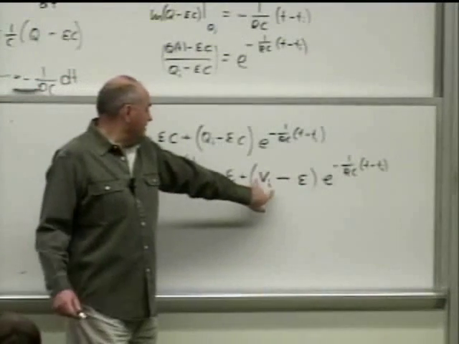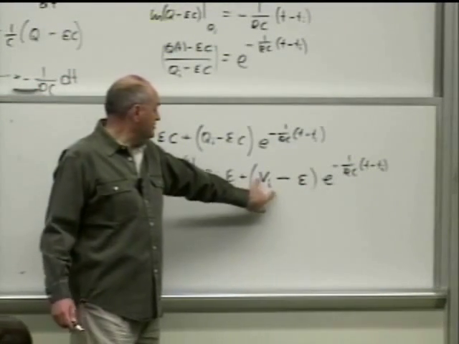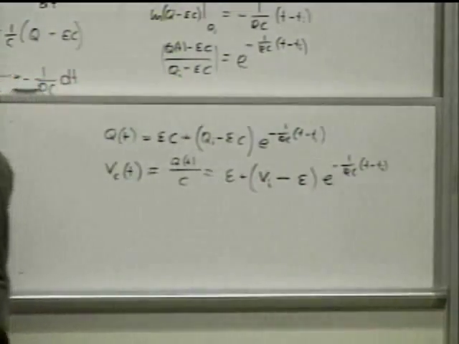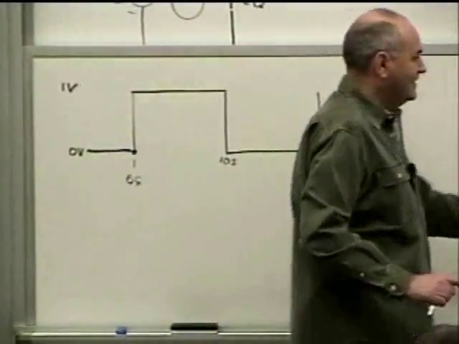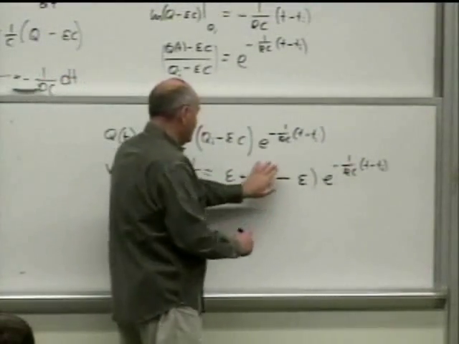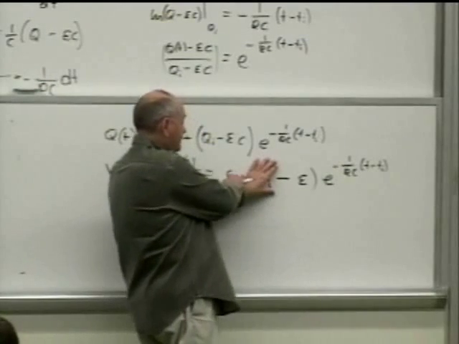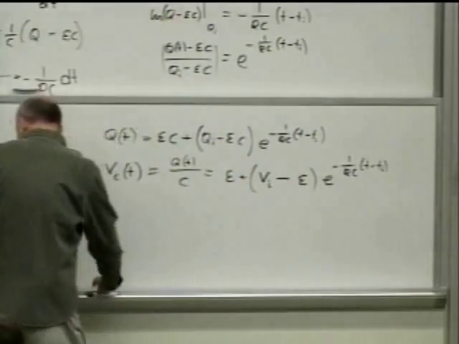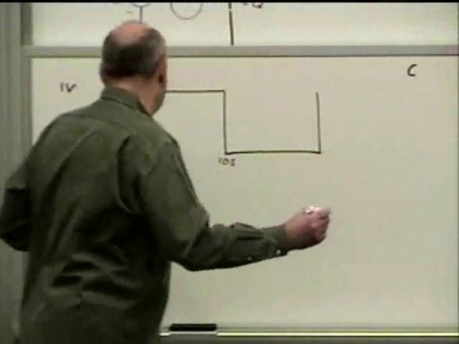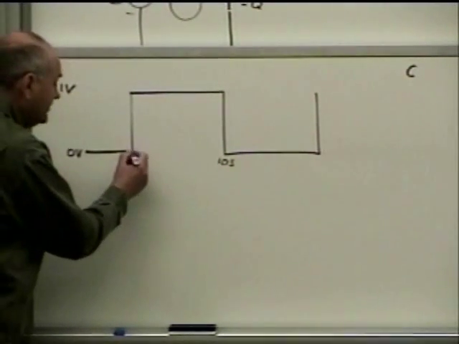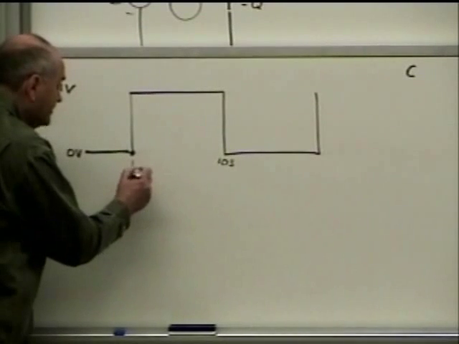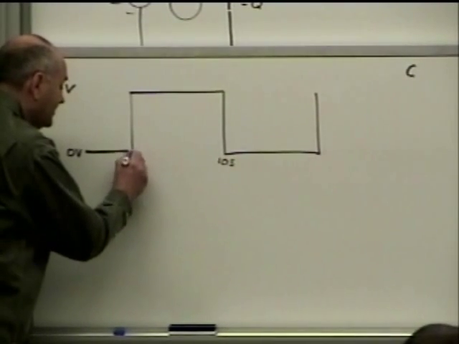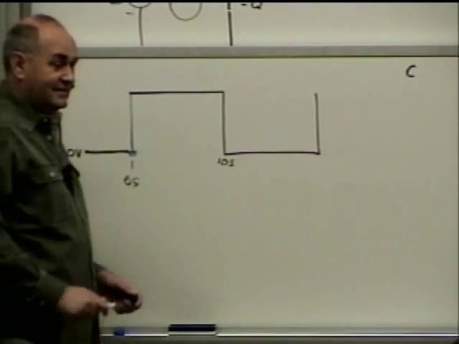So the voltage on the capacitor over here is 0. So really for this time interval, Vi is 0. So this disappears. Now I have epsilon minus epsilon. It's 0. So voltage across the capacitor at instant 0 is 0.